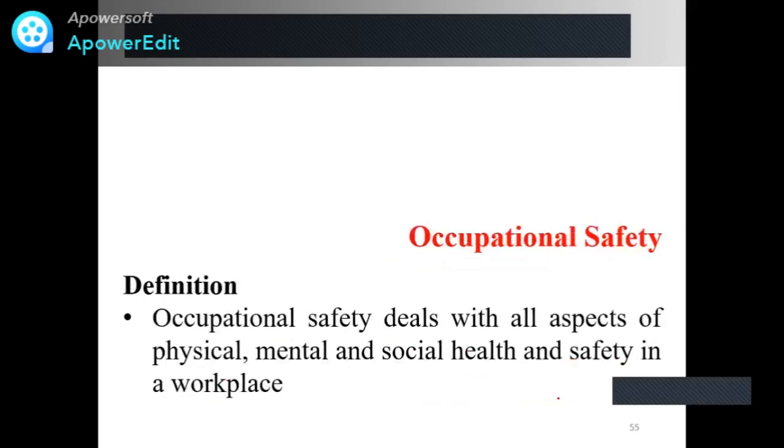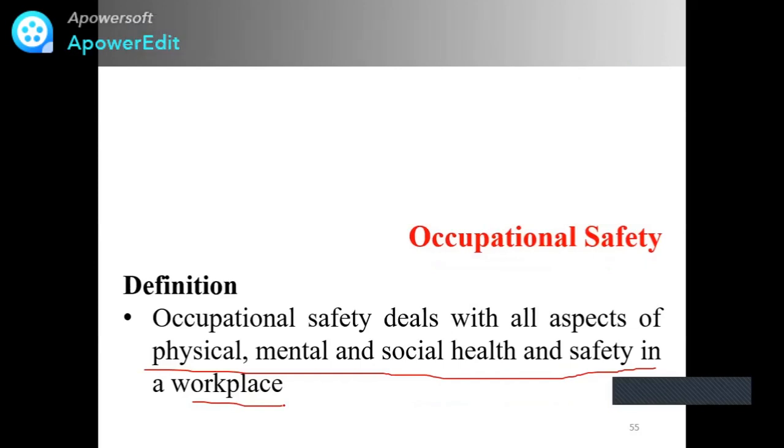Occupational safety deals with all aspects of physical, mental, and social health and safety in a workplace. It is the umbrella for the company's efforts to prevent injuries and hazards in all work environments. Every industry presents various kinds of safety hazards to its employees, and safety standards are also provided.